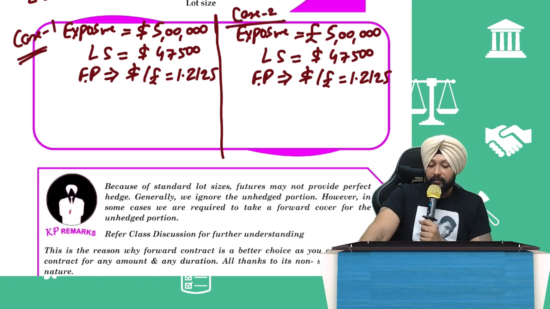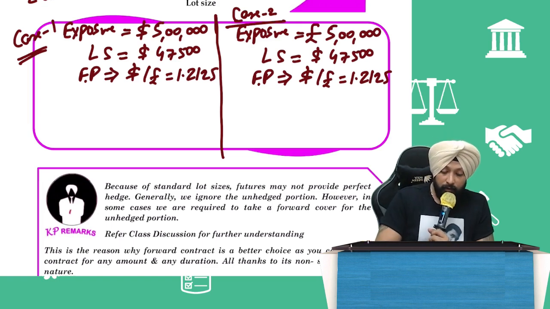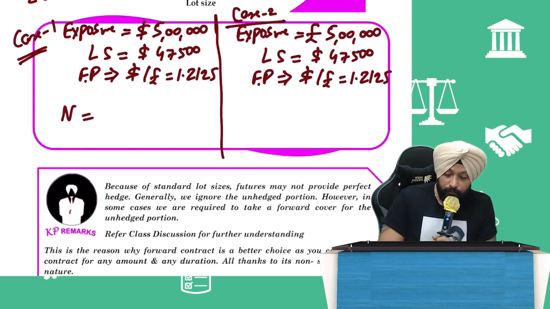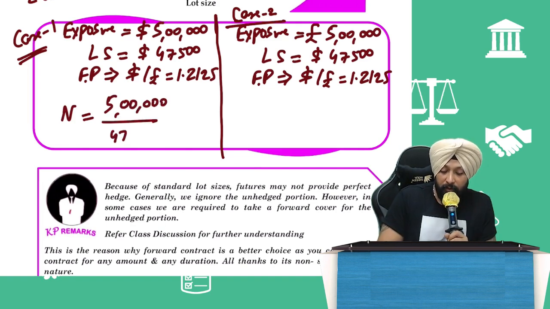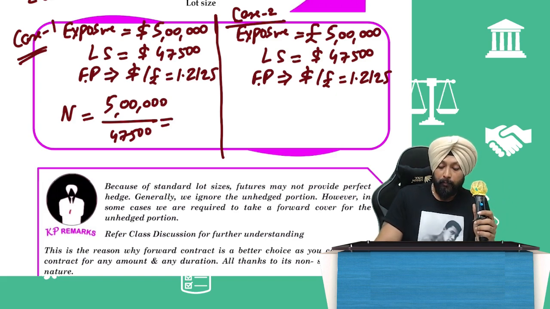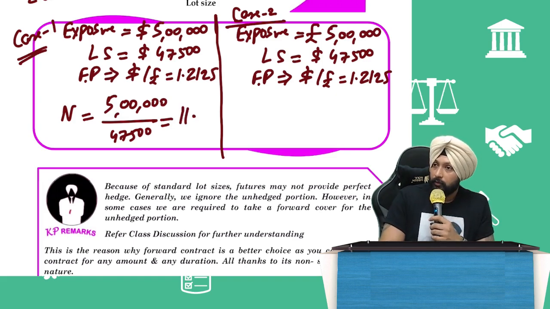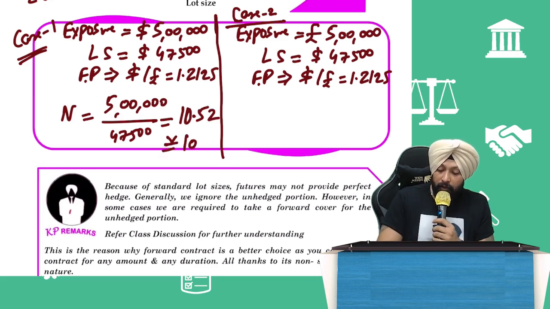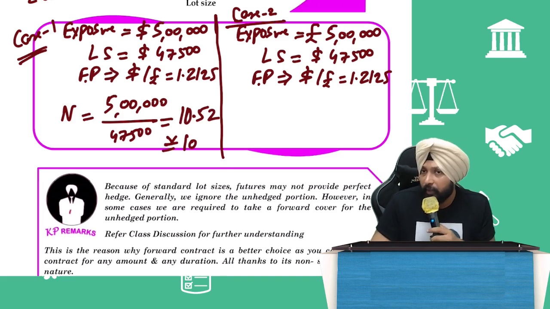The first case, guys, if you see exposure and lot size are in same currency, then what are my number of contracts? 5 lakhs divided by 47,500. 10.52. So approximately we can take 10 or 11. Both are correct. Okay, guys.